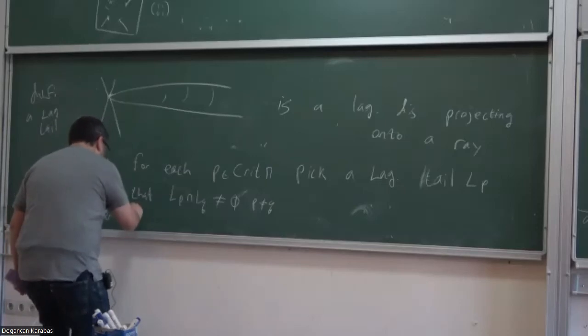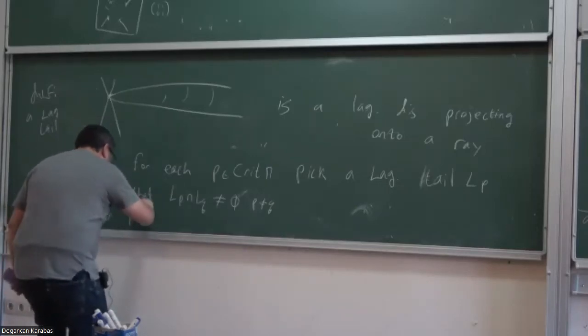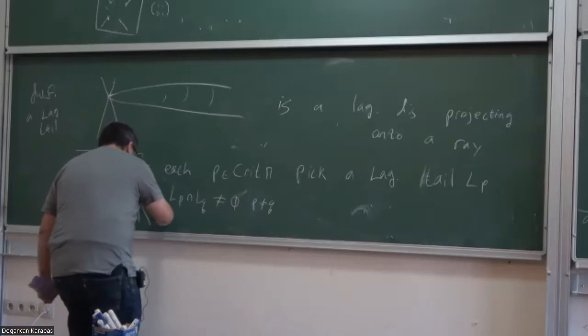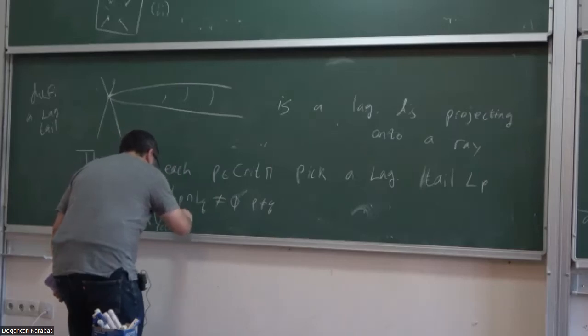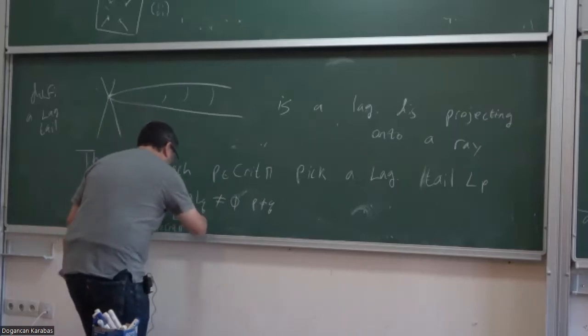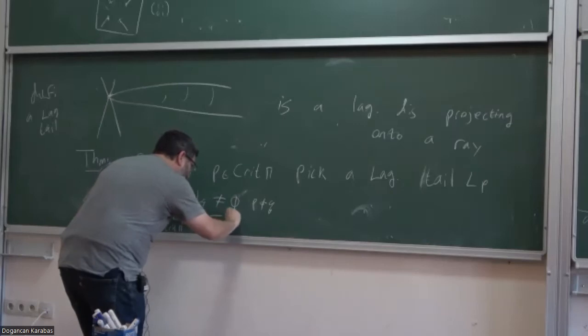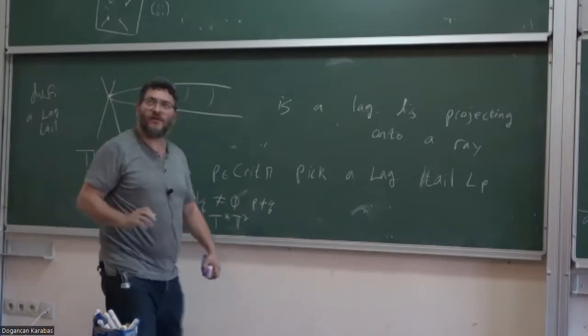Then if we look at N and we remove these Lagrangian disks, we get something which is symplectomorphic to the cotangent bundle of T2.